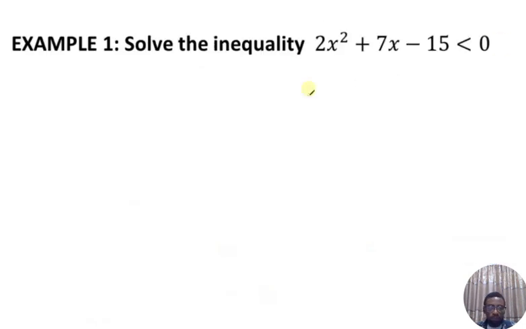Example 1: 2x squared plus 7x minus 15 less than 0. You can see this is a pure case of when your a is greater than 0. So like I said, do as if you want to solve this quadratic equation: 2x squared plus 7x minus 15 equals 0.